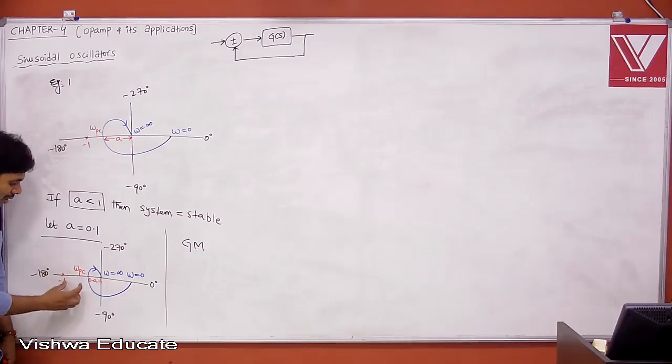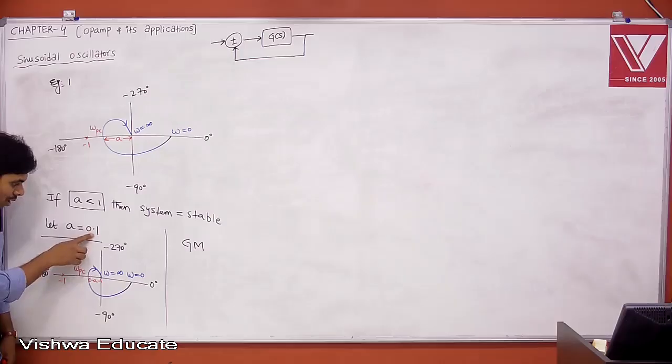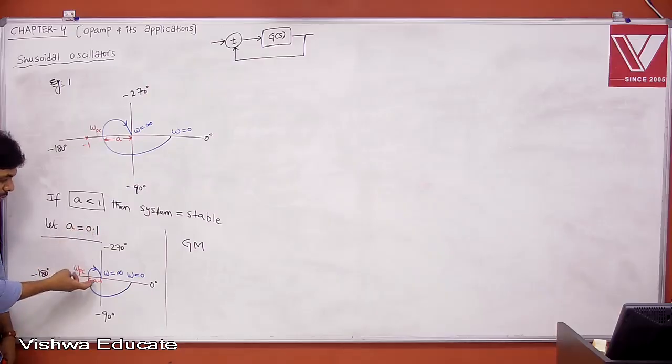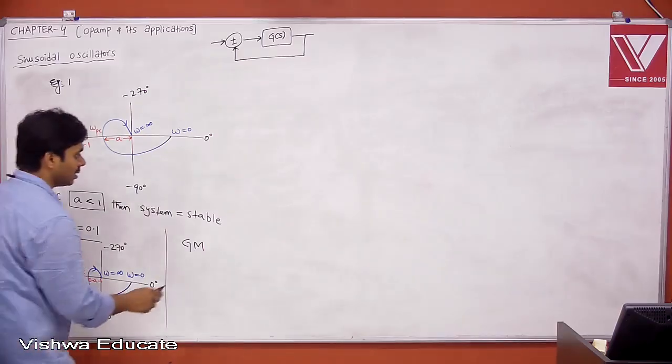Gain margin is always defined with respect to 1. Don't add: 0.9 added to 0.1 would give 1, but gain margin is not defined by addition, it is always a factor. With what factor do you multiply 0.1 such that it reaches 1? That is nothing but 10. Therefore, your gain margin is 10.